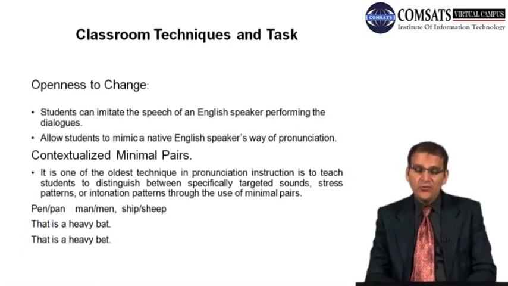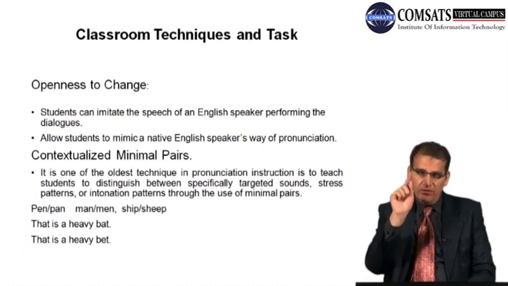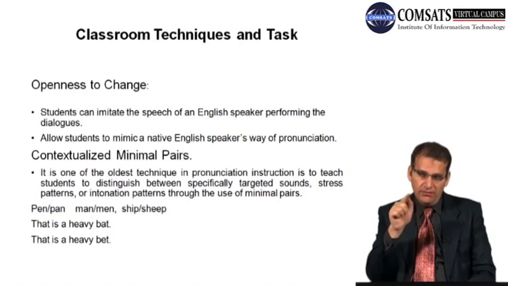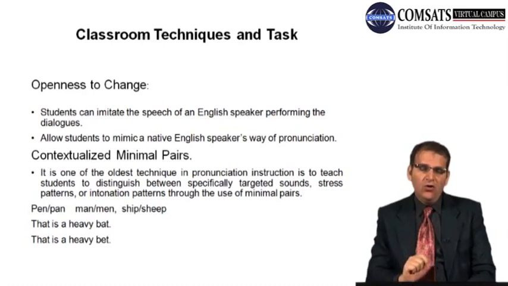Next thing is contextualized minimal pairs, in fact. You can bring a chart in the class where, for example, you have this word pan, P-A-N, here I mean the A sound, or there is, for example, pen, or there is ship, for example, and there is sheep.